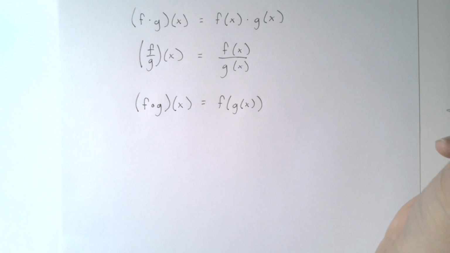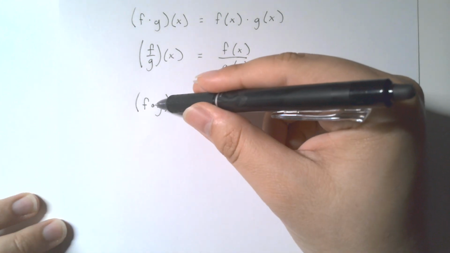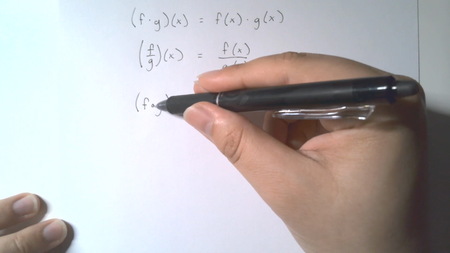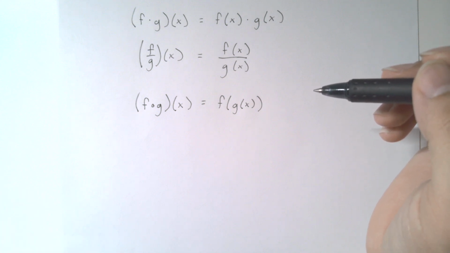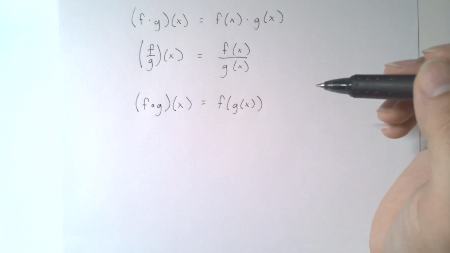So I commonly call this fog just because it looks like a little o. It's really an open circle, and it just stands for the operation to compose, just like the other operations.